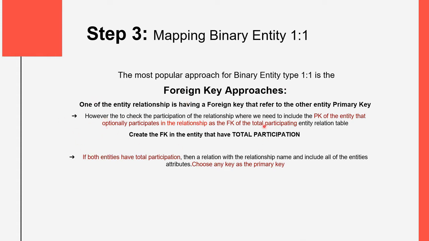However, there are some rules we need to consider in order to identify which foreign key we need to create in the corresponding entity. Let's see how it will be.